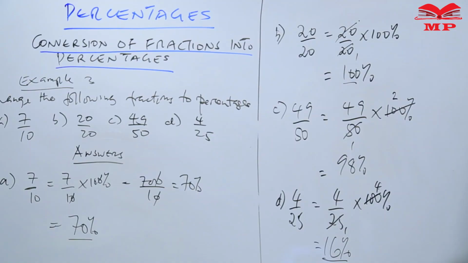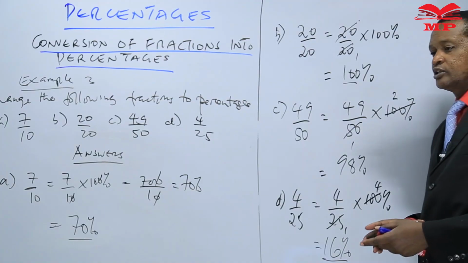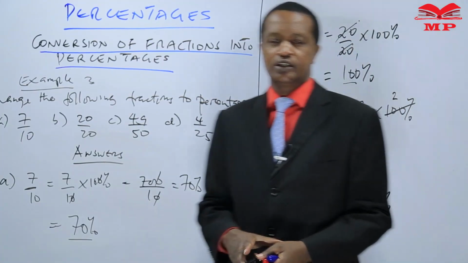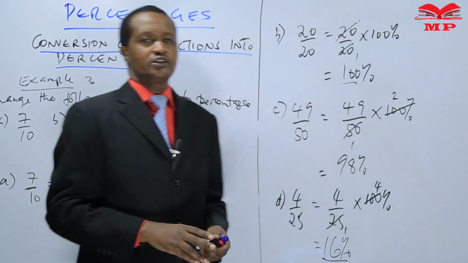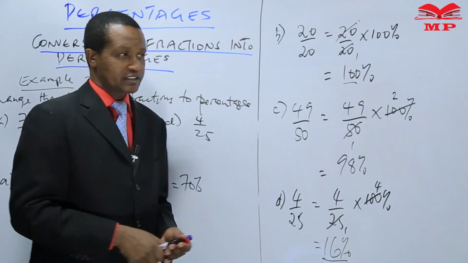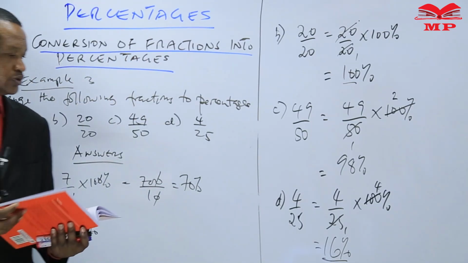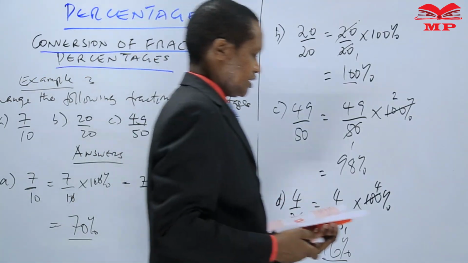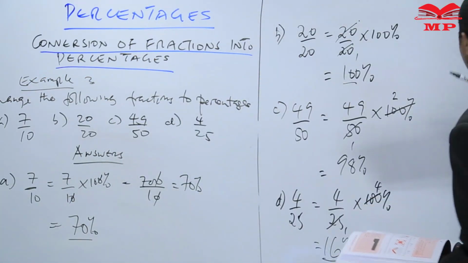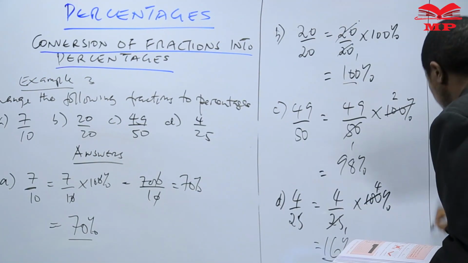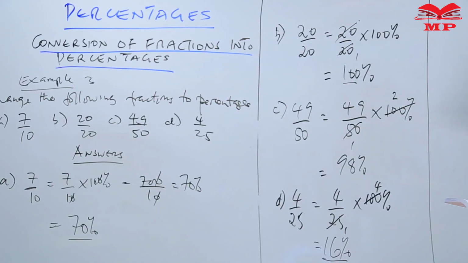Learners, we have worked out enough examples together here on the board. That does it for today. I want to stop there so that you can do some exercises from your book. Go to your book and do the following exercises.